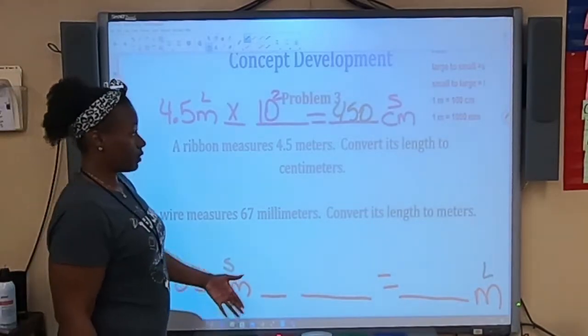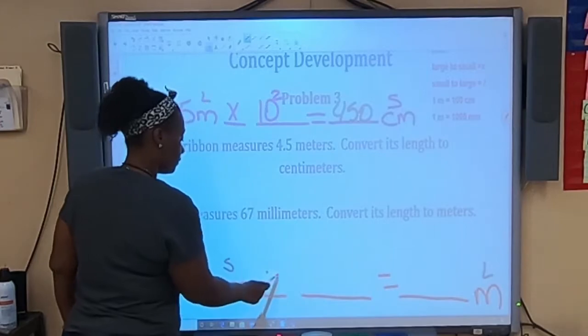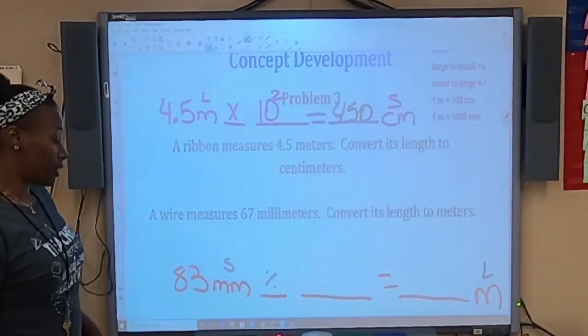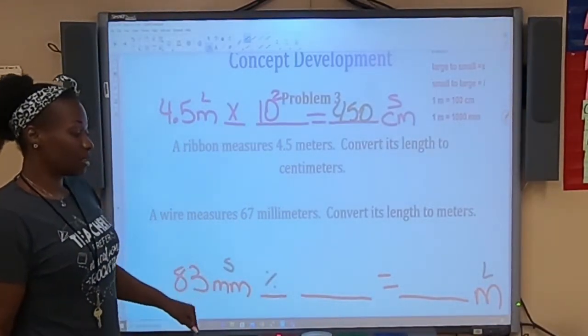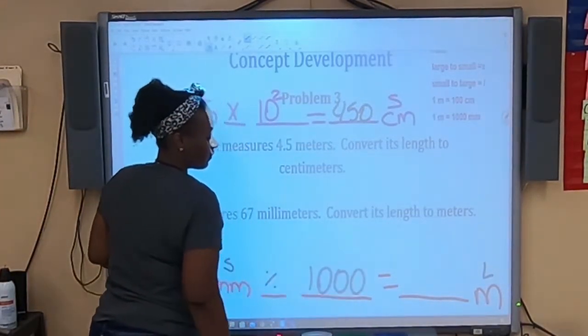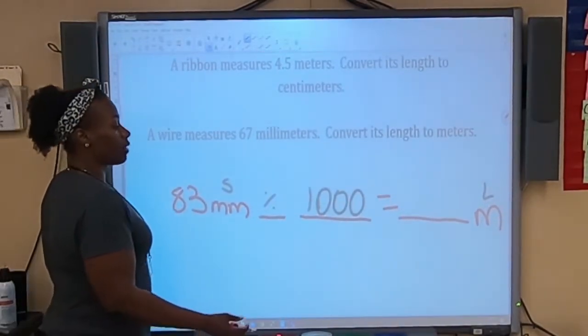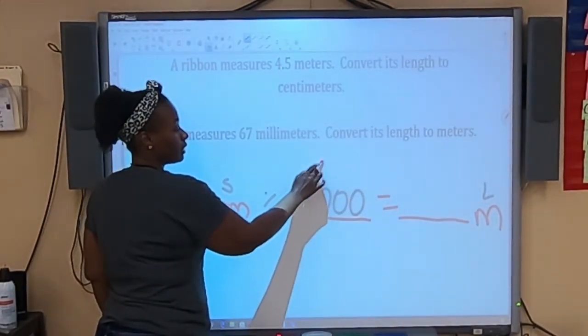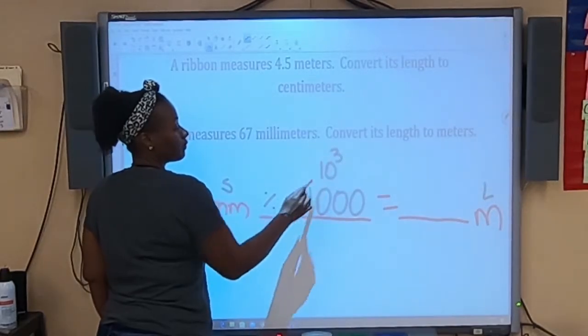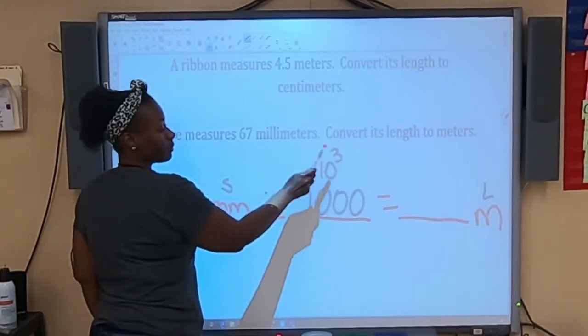So because I'm going small to large, I need to divide. We learned in 4th grade that 1,000 millimeters make 1 meter. So I'm dividing by 1,000. Remember, my power of 10 for 1,000 is 10 to the power of 3. Because I have 3 zeros, my exponent has to be 3.